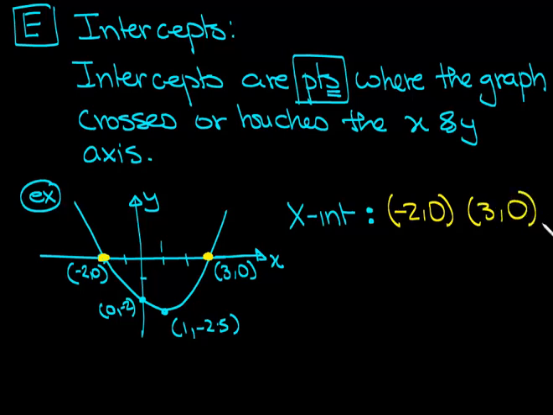Okay, they're points, so make sure you write it as points. What is my y-intercept? Y-intercept is where it crosses or touches the y-axis, so in this case it's this point. So the y-intercept is 0 and -2. So that's how we get x and the y-intercepts.